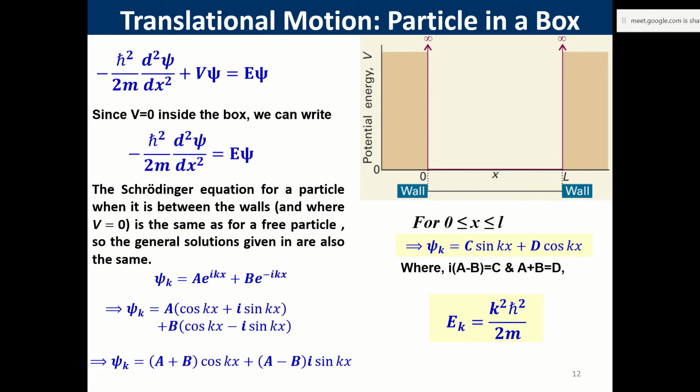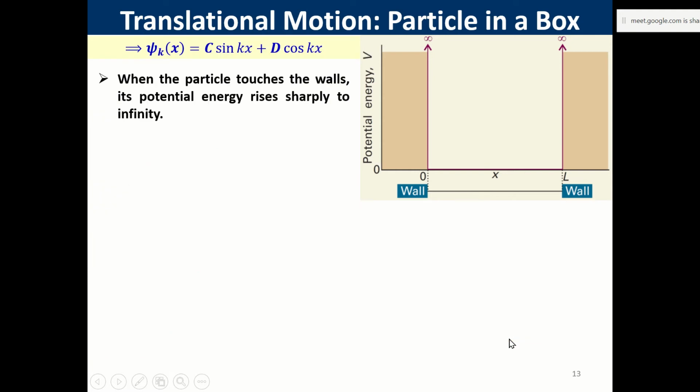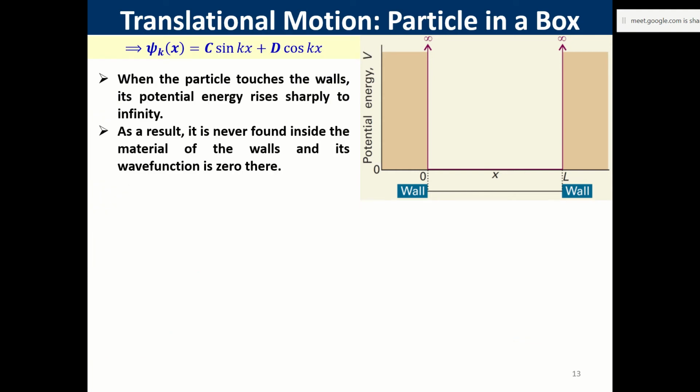Otherwise, you cannot describe a net motion. So the energy of the system, if k is the wave vector, is k squared h cross squared by 2m, because k h cross is the momentum.